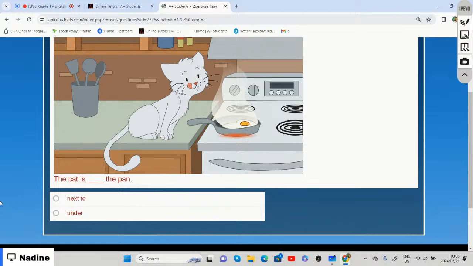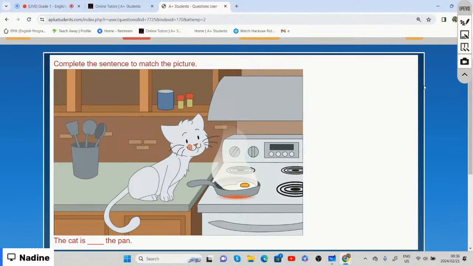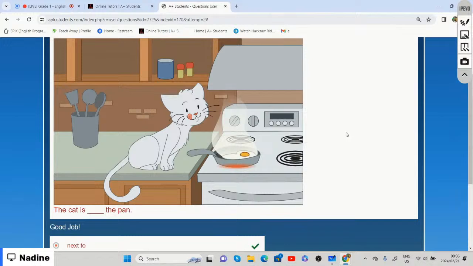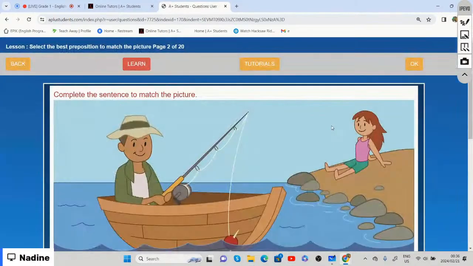All right, so if we were to say where the cat is, then we say the cat is next to the pan. And next to is correct. So well done.